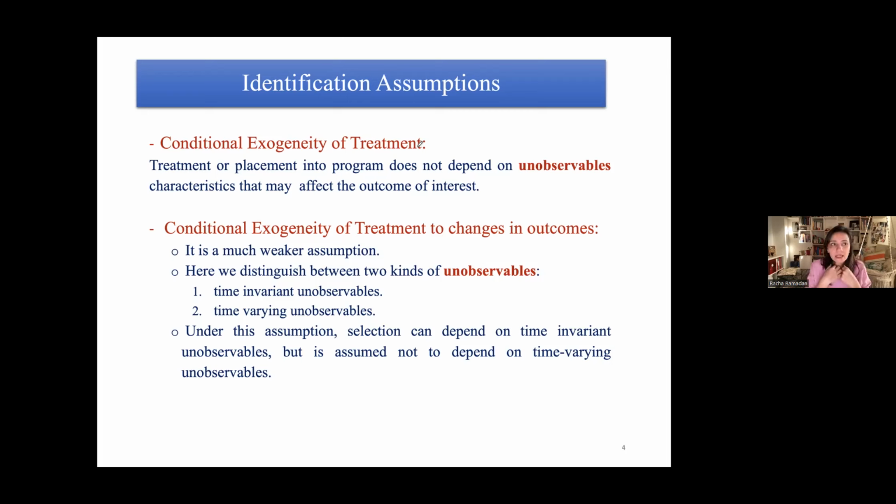So for instance, there is another program in Egypt called Forsa, which is like training programs for individuals benefiting from Takaful in order to integrate them into the labor market. The characteristics of individuals that would affect the likelihood to join the program Forsa can be the same characteristics that would affect their income, which I want to improve.